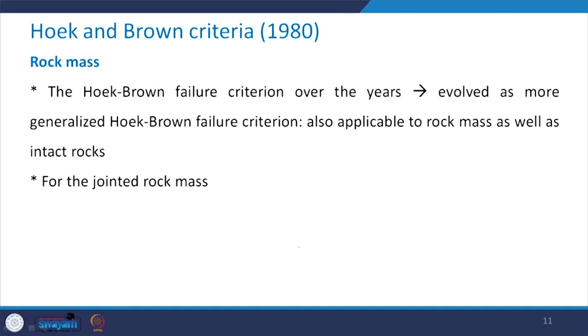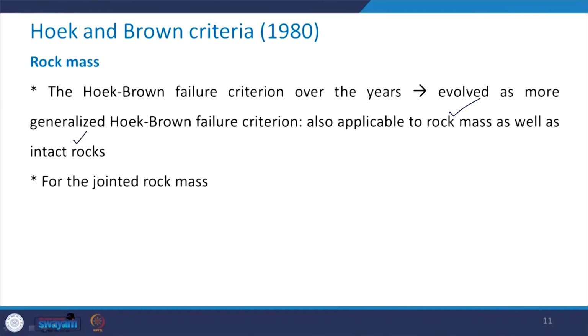So, over a period of many years, this Hoek and Brown failure criterion has evolved as a more generalized Hoek and Brown failure criterion and is also applicable in case of the rock mass along with the intact rocks.